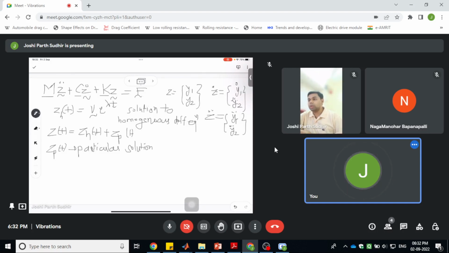That represents the free vibration response of the system, and that depends on the mass and stiffness characteristics of the system. So we will first try to derive that.